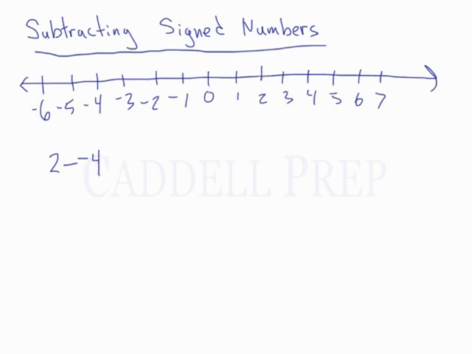Alright, so it's 2 minus negative 4. If we had 2 and we added negative 4, we would go in the negative direction, to the left. But we're getting rid of negative 4. So it's the opposite. So we're really going to add 4. We end up with 6.